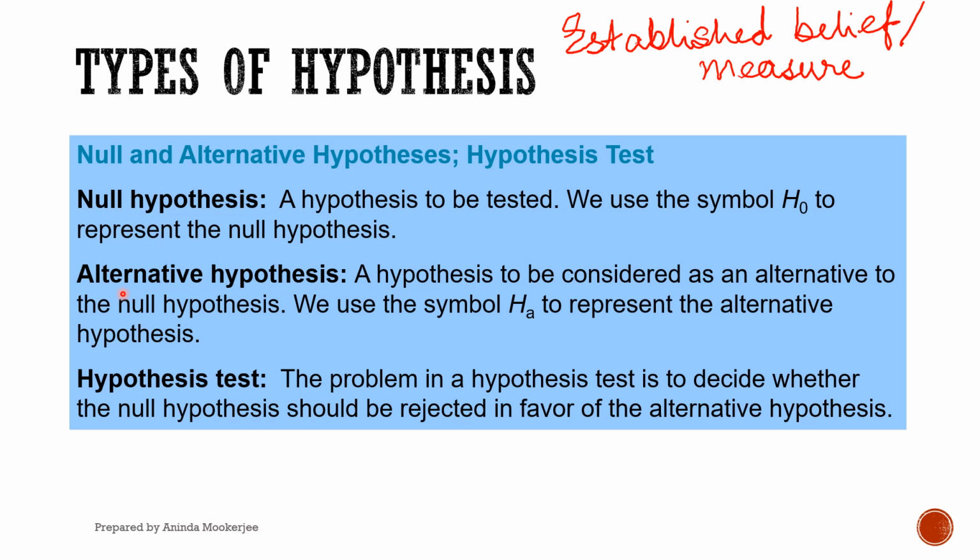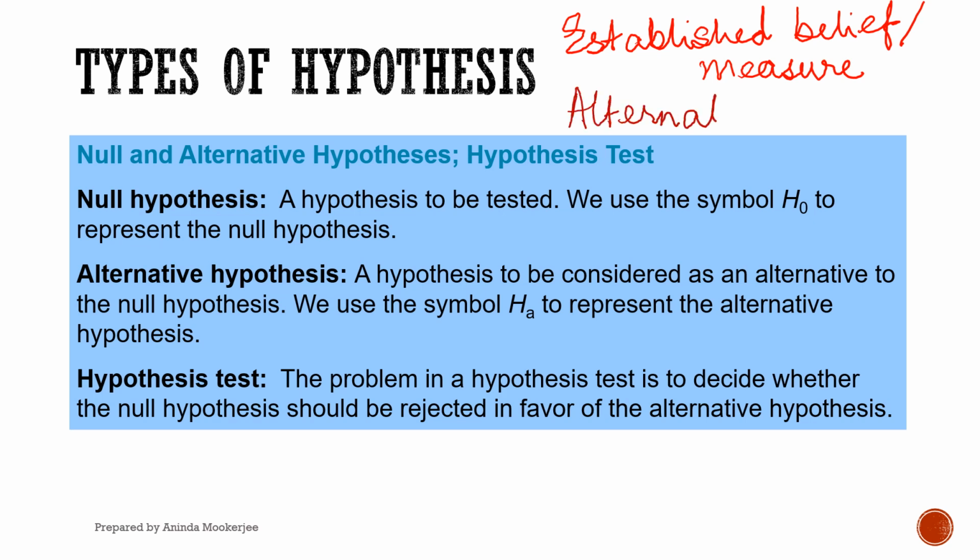And now a more recent study coming from an alternate hypothesis wants to contest the null hypothesis and replace it in favor of what's called the alternative hypothesis. So there is the established belief, and then we have what's called the alternate belief.